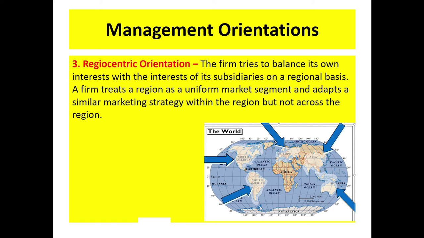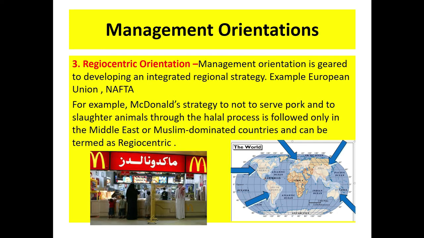A firm treats a region as a uniform market segment and adopts similar marketing strategies within the region, but it would be different across regions. For example, in Arab countries, McDonald's would adapt their strategy based on the region, like the Middle East or maybe Muslim-dominated countries. We call it regiocentric.